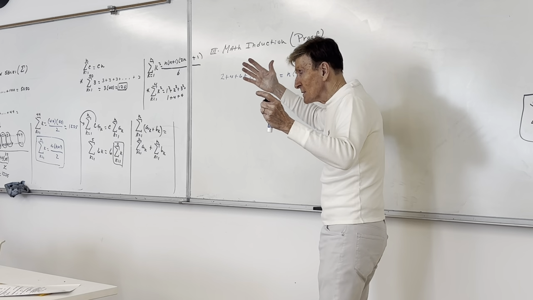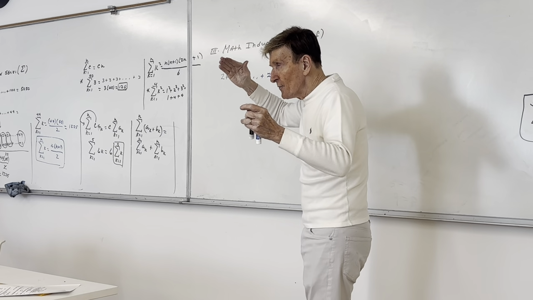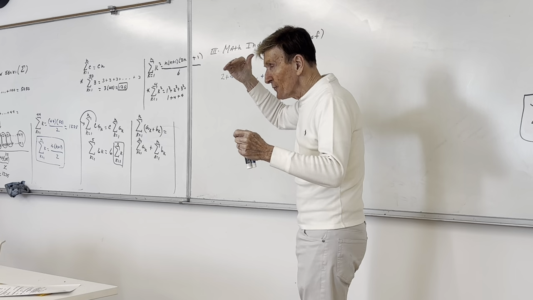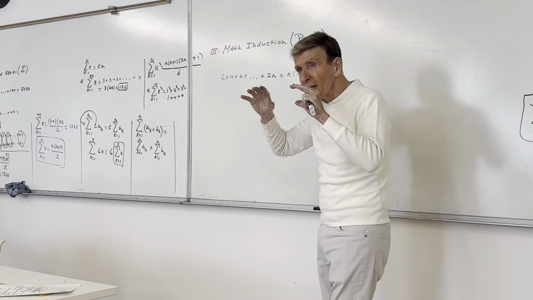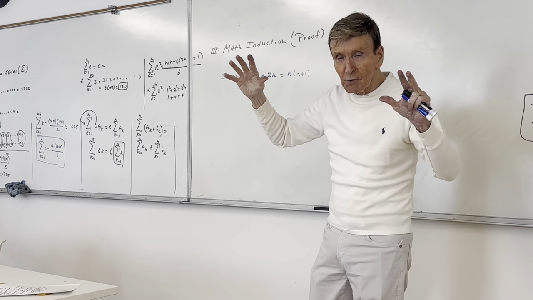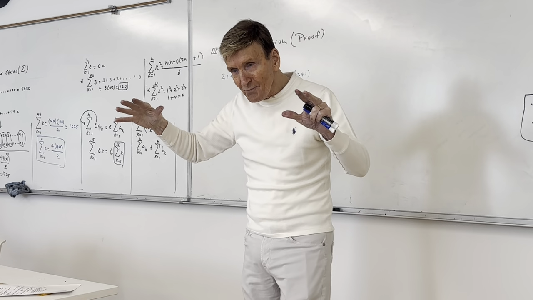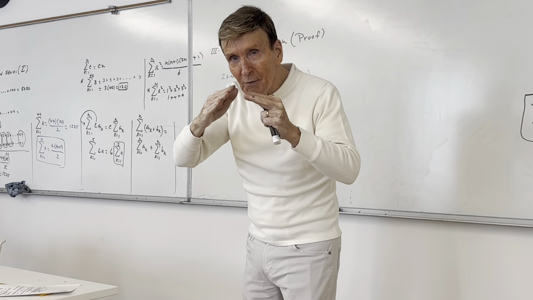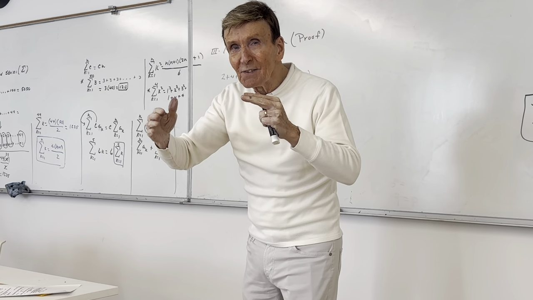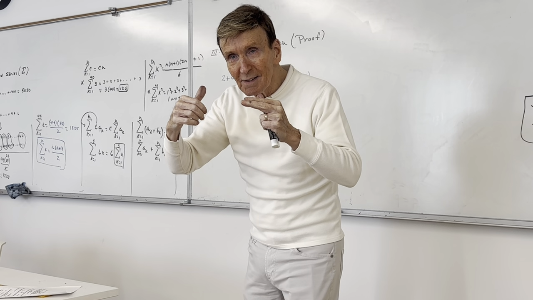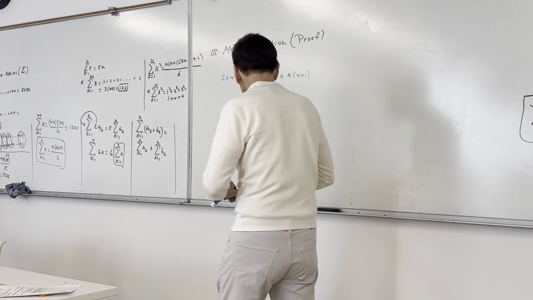So let me just test it quickly. The value of, let's say, the 15th term on the left-hand side would be merely what value? 30. Now, what's the sum of the first 15 terms? That's where you turn to the right-hand side. The sum of the first 15 terms would be this.